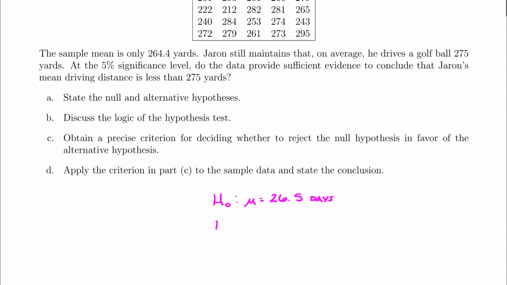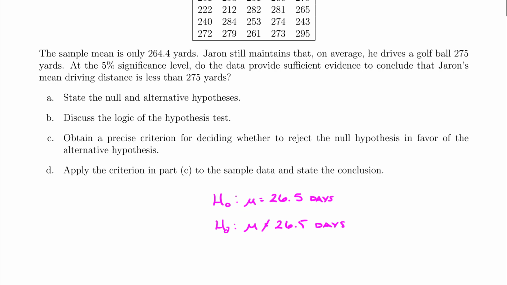And then your alternative hypothesis, on that one I believe it says differs. So whenever you see the word differs, it means that it is not equal to. Any other time it will be strictly less than or strictly greater than. But in this case we have differs, so it's mu not equal to 26.5. So that's your alternative hypothesis.